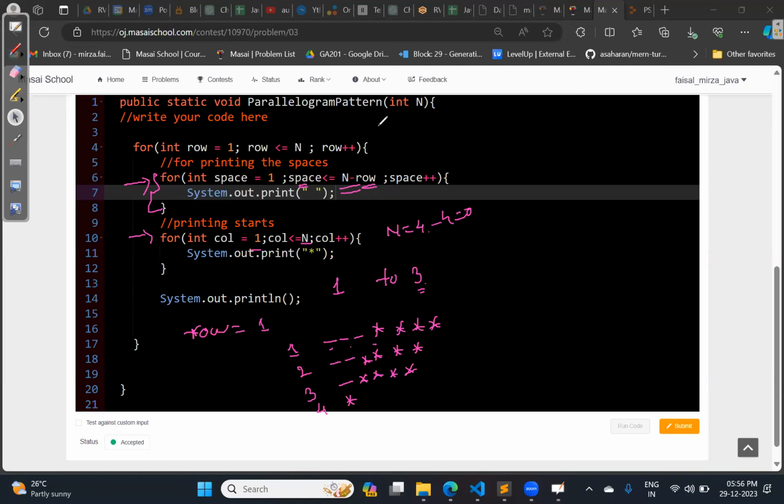Starting with space equals 1, it checks whether 1 is less than or equals to 0. Is it true? No. So for the last condition this for loop will not work, and that is why for the last row you get only the stars. Getting it? How it is working?